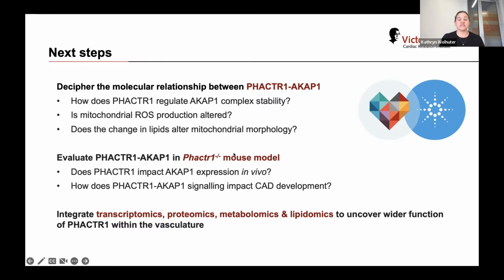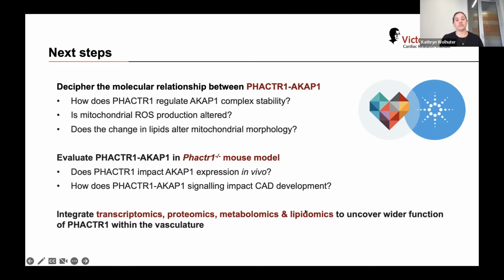Next, we want to move this into our factor 1 knockout mouse model to validate that we see this same relationship in vivo, especially within the vasculature. And then using a high-fat model, we can see if this impacts the development of CAD within these mice.